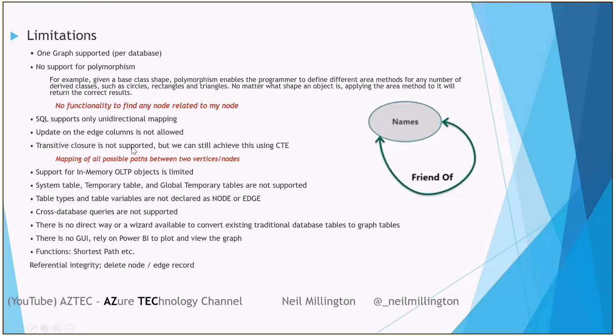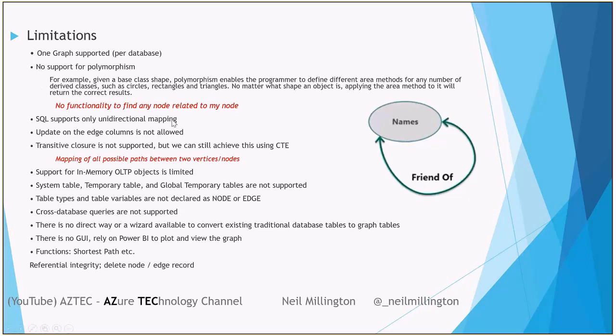And what does that mean? Basically, it means the mapping of all possible paths between two vertices or nodes. So if we wanted to get between station A and station C, it won't show us all the paths that are possible, all the different lines we can use to get between those two stations. That is supported in Gremlin, but currently not supported in SQL.